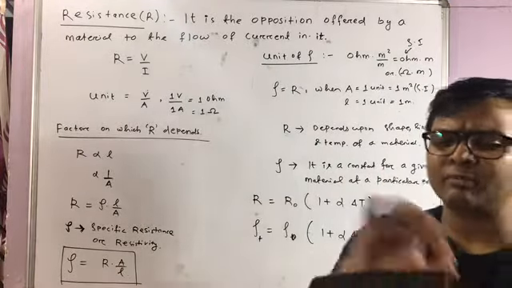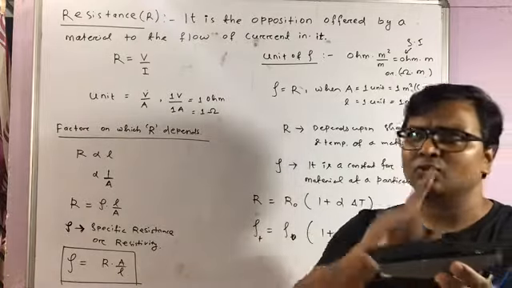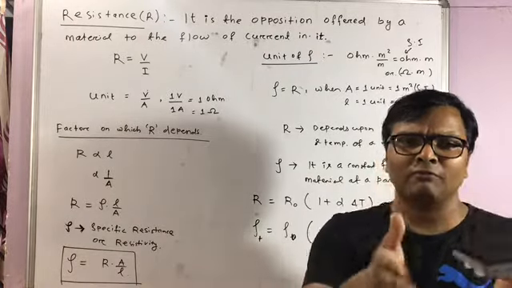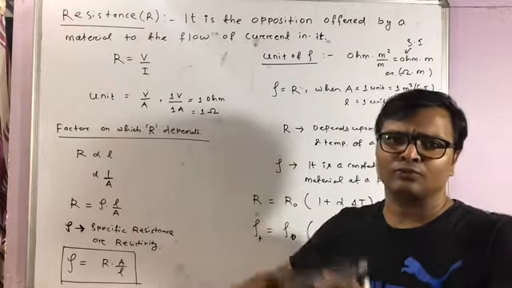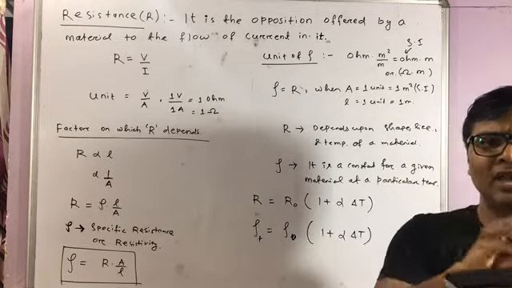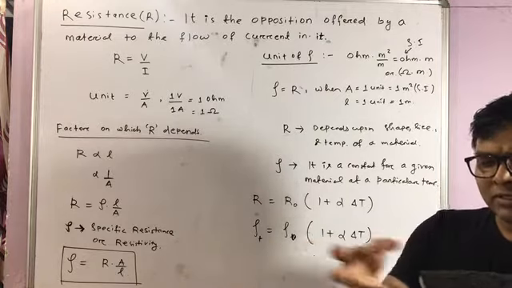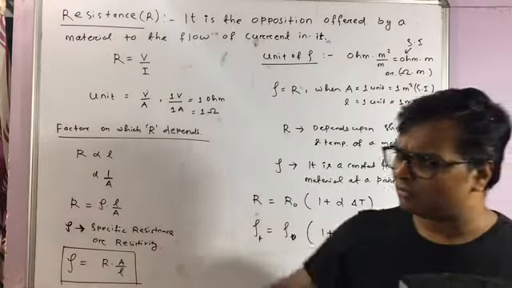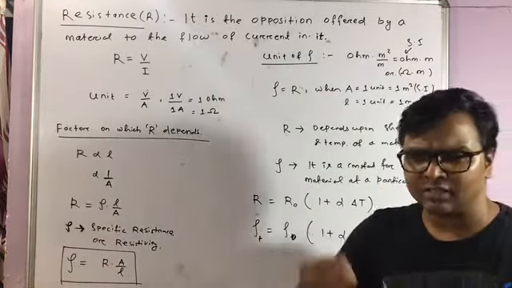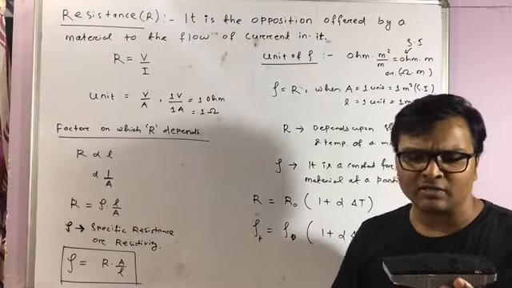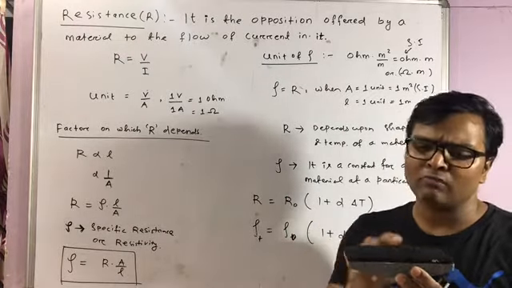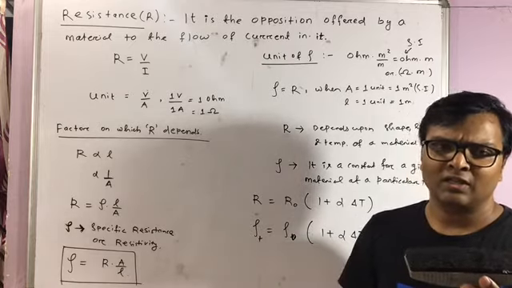If you consider a bulk material like this, there are n number of similar cubes at whose corners atoms are located. When the atoms gain thermal energy from outside, because of the fluctuation in the temperature, they gain thermal energy from the outside world. Clear?